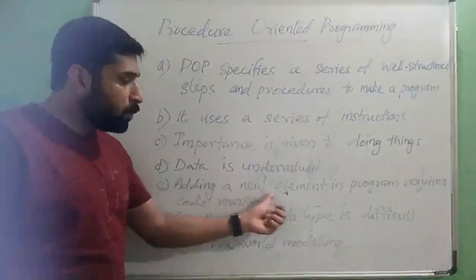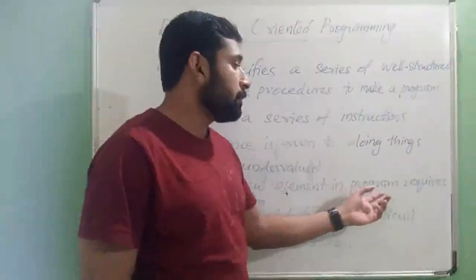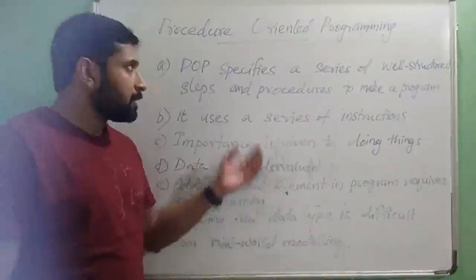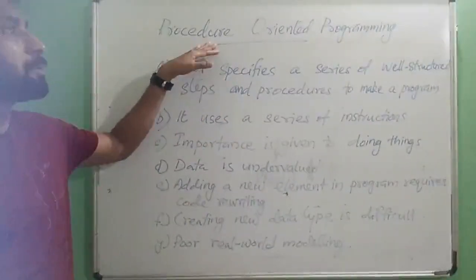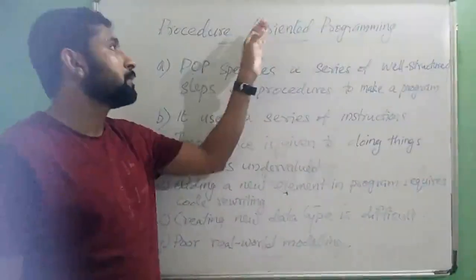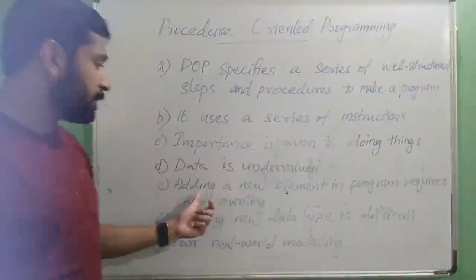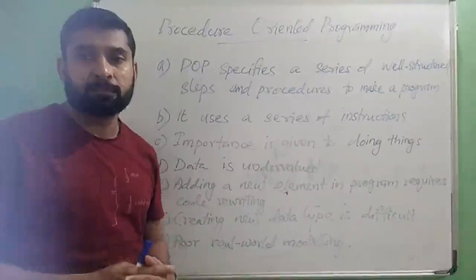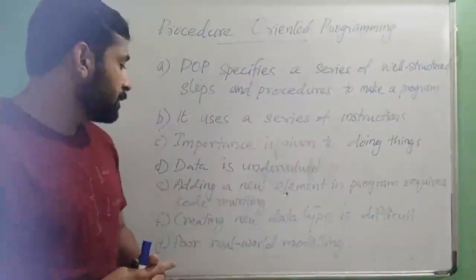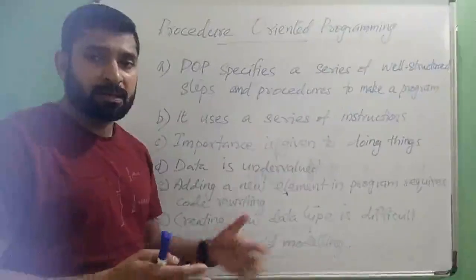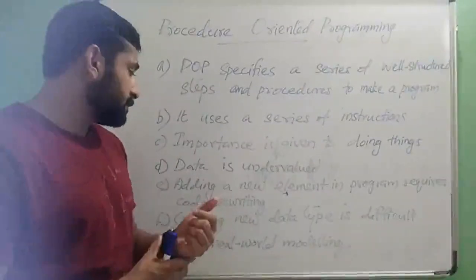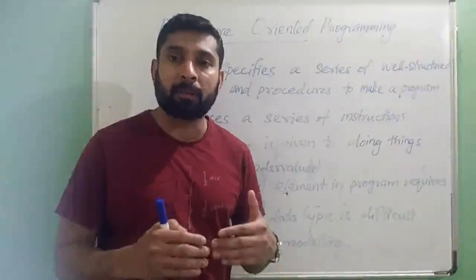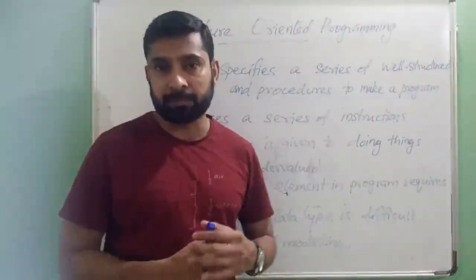Adding a new element in a program requires code rewriting. This is one of the drawbacks or demerits of procedure-oriented programming. What does it mean? Suppose we have written a program, we have completed the work, it is being executed and it is successful. Later we find that adding some new data will make the program a little more perfect.